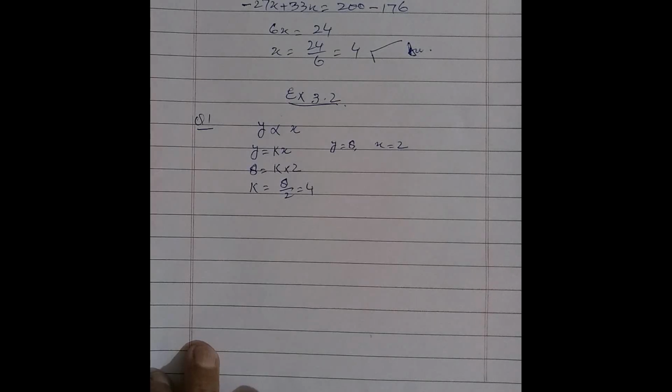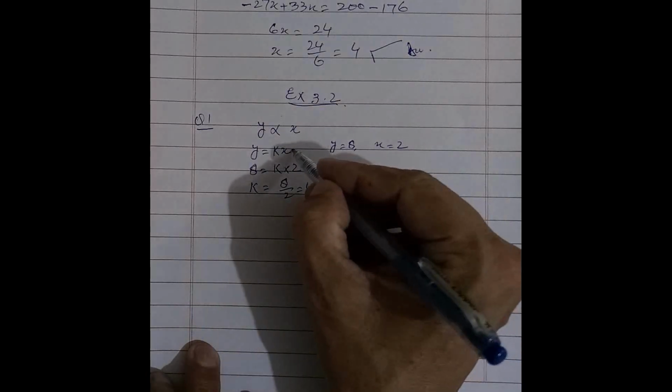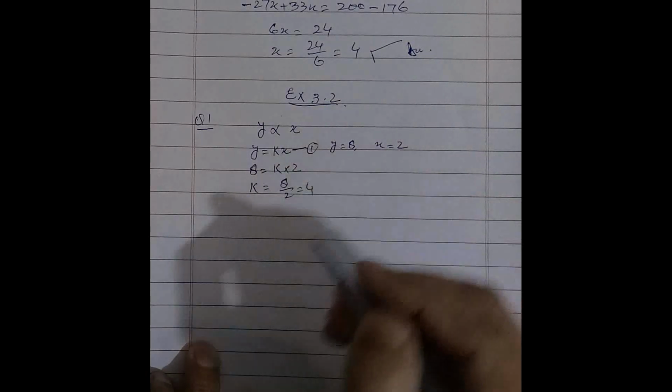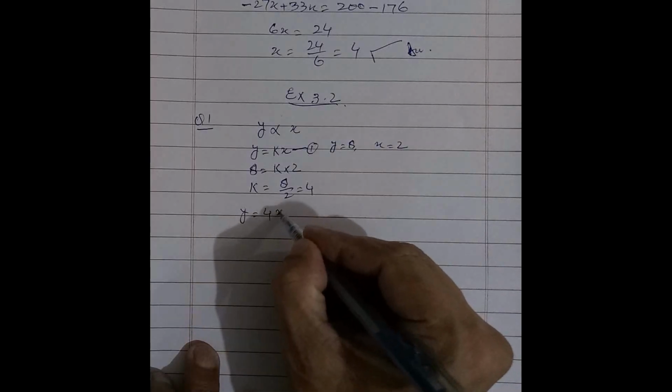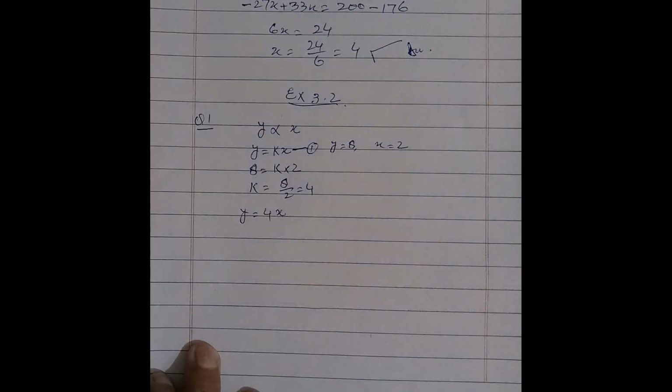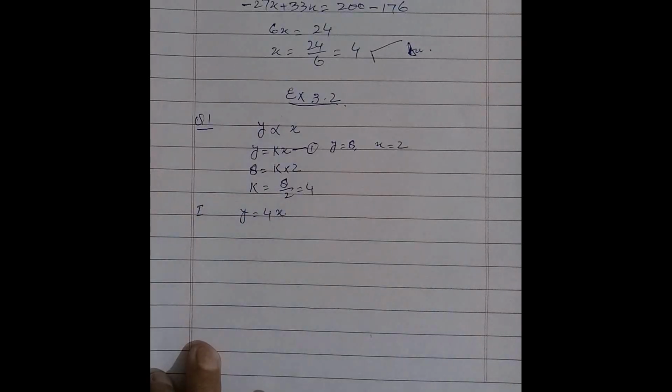In this question k is equal to 4, and we put the value of k in the equation. y is equal to 4x, and it is the first part of question 1, which is y in terms of x.